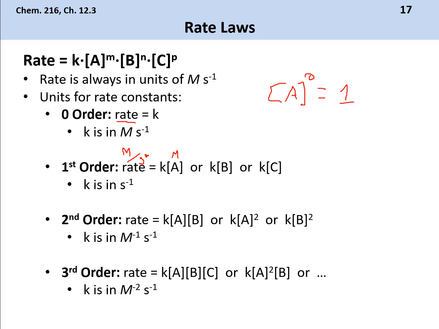If I have a second order reaction, in all of these cases, I'd get a K that's molarity to the minus 1 seconds to the minus 1. If I have third order, I get this, right? So notice how in all of these K values, I always have seconds to the minus 1. But the power that my molarity is raised to is all dependent on what order.